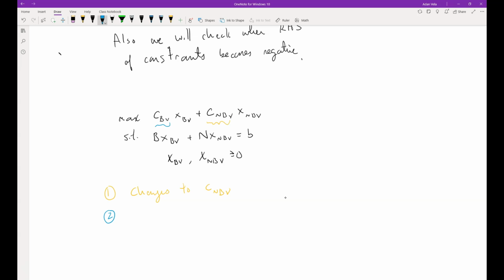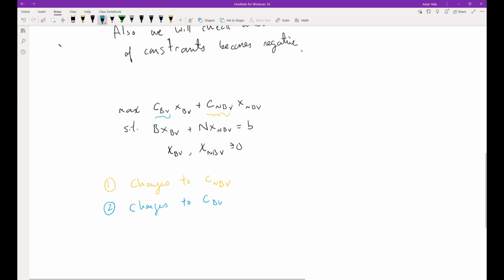Depending on if we increase certain coefficients, we might push out basic variables to non-basic. Similarly, if we decrease certain coefficients in CBV, we might also lose additional basic variables. So these are the two main changes that we're going to look at when performing a sensitivity analysis.